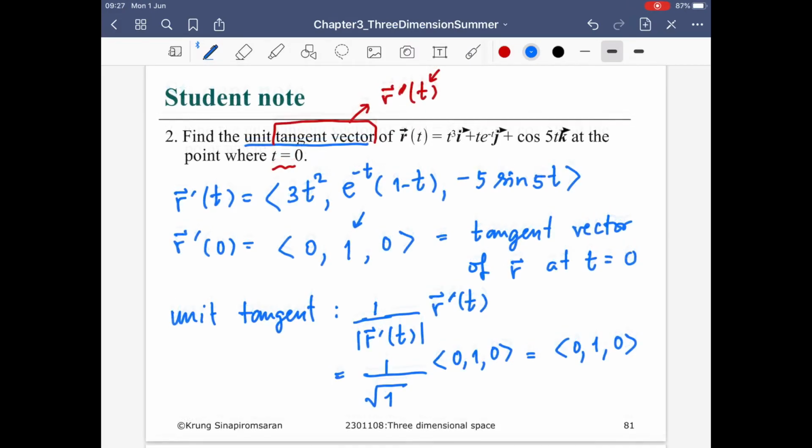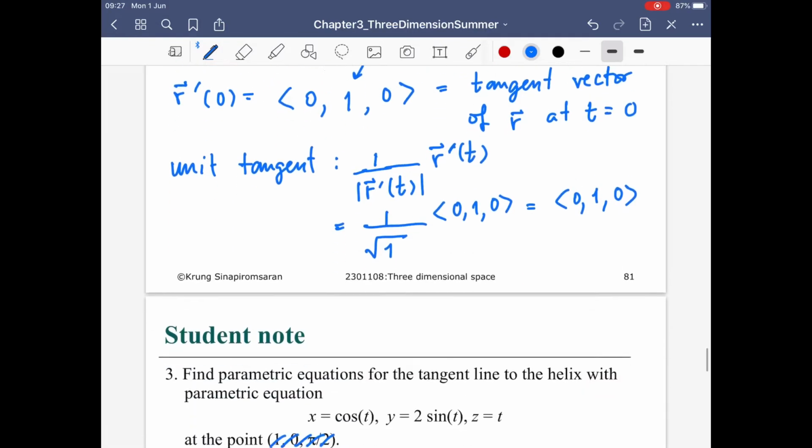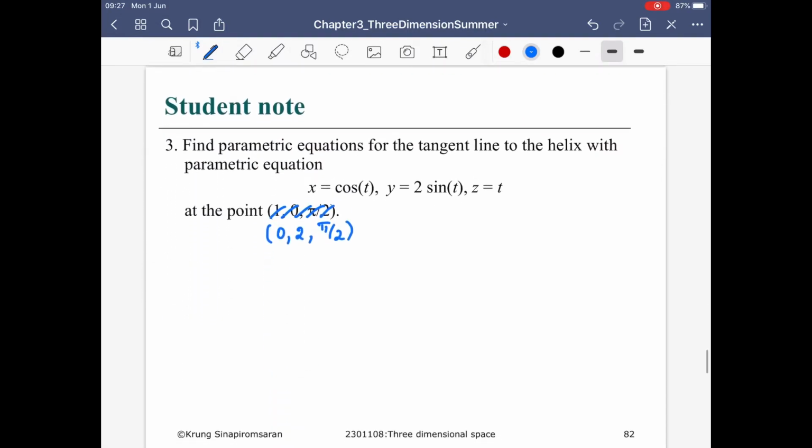Next, let us look at the other example here. You want to find parametric equations for the tangent line, the equation of the line to the helix with a parametric equation like this.